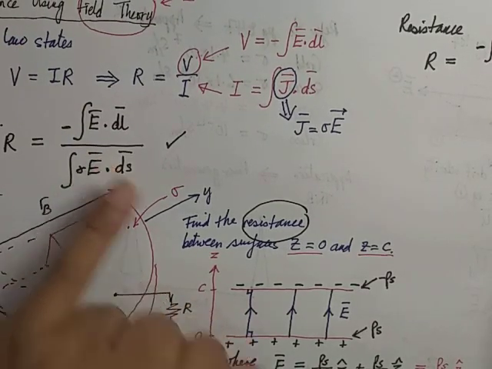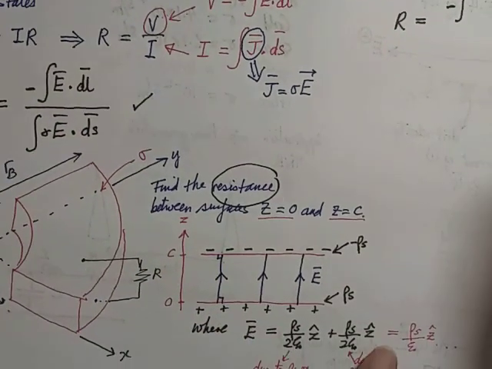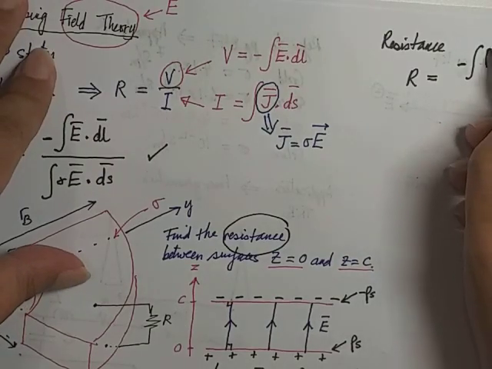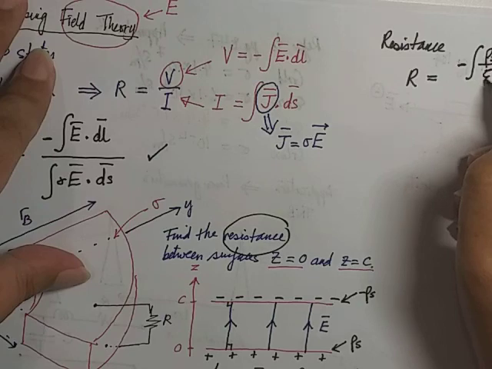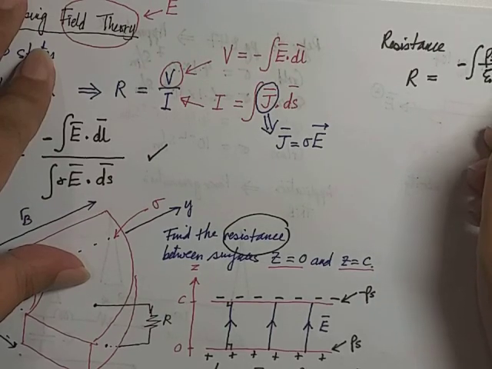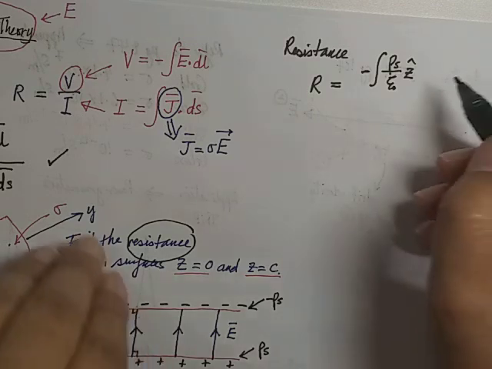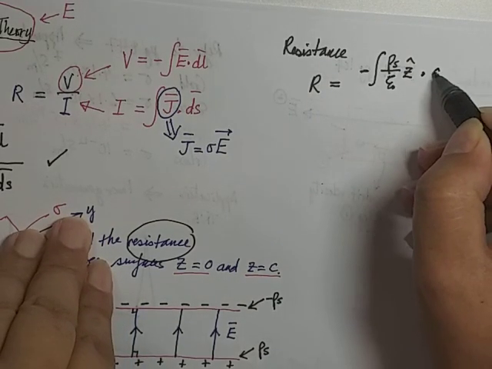So what should our E be? Rho s over epsilon naught in the z direction. Okay, that should be the first substitution, dotted with my dl.